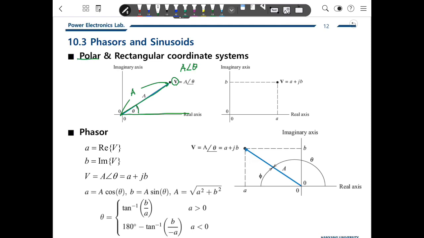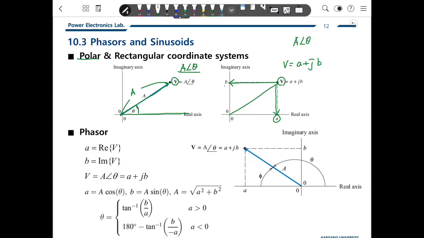This is kind of a complex number. But this variable can also be expressed in the rectangular coordinate system. Then there will be the real value and the imaginary value. If that value is A and that value is B, then V can be expressed as A plus jB.